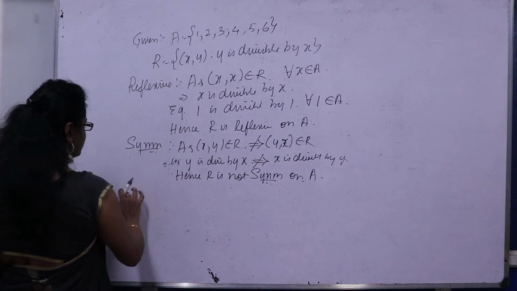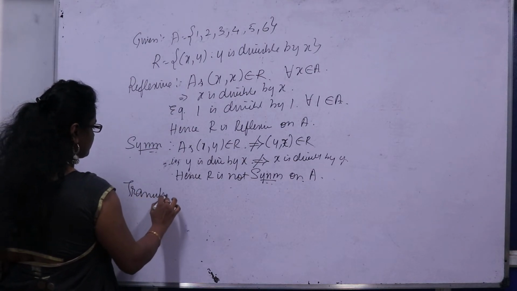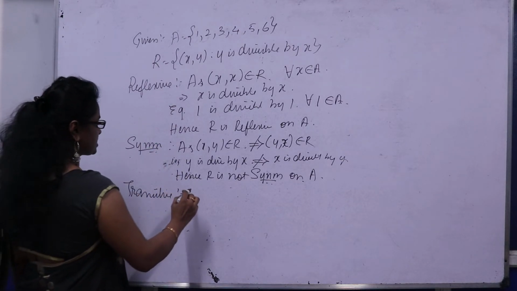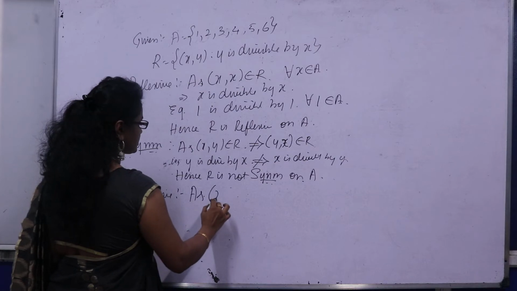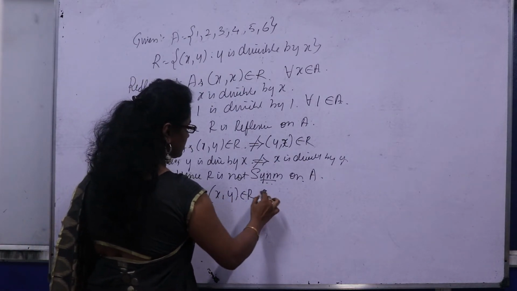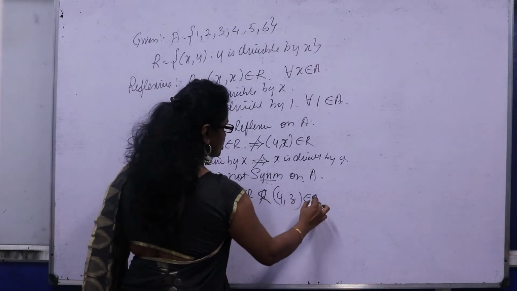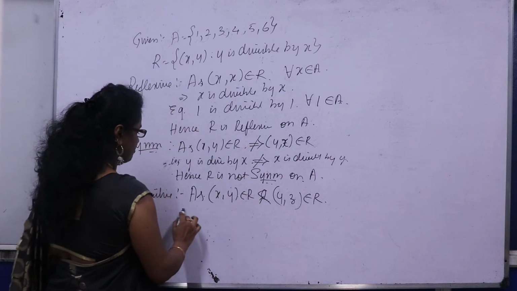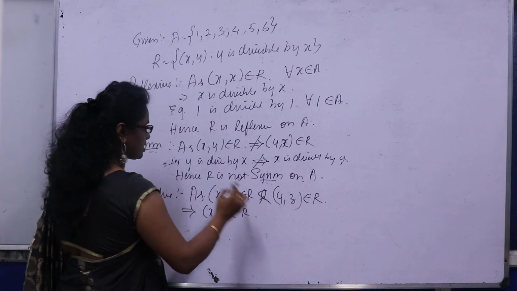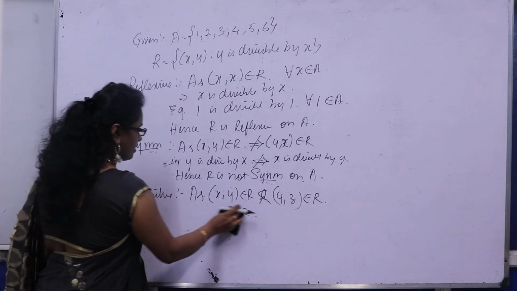Now the next thing is, after the symmetric we have transitive. Transitive is like, as x comma y belongs to R and y comma z belongs to R must imply x comma z belongs to R. Now let's see this.